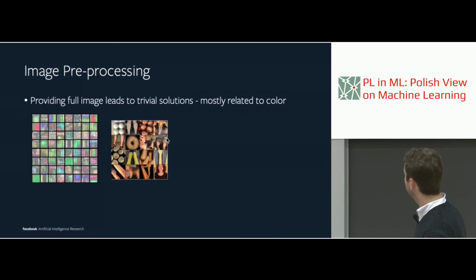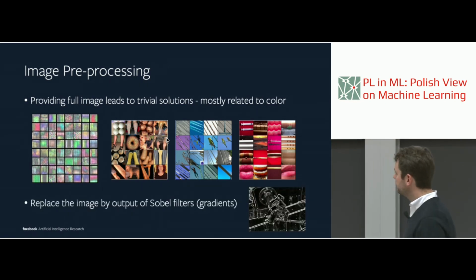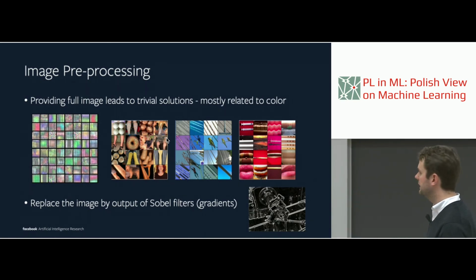If you looked at images that had the same activations, they looked like that, or this thing. Basically, geometrical arrangements of the same kind of color. So we ended up putting a Sobel filter at the beginning. Instead of having the image, we have the directional gradients of the image, removing this bias for color.